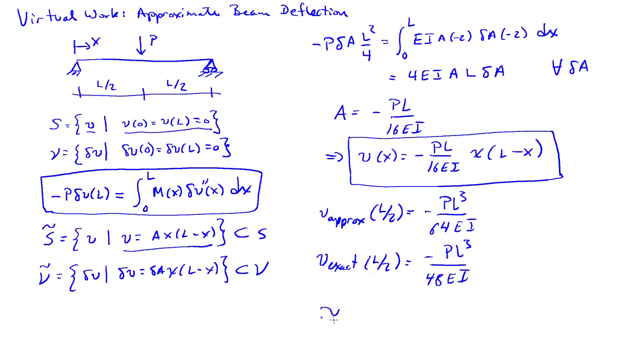So in this case, it's certainly a 25% error. So the approximation is only modestly useful, but this illustrates the idea of how one can construct an approximate solution using the method of virtual work. If we had picked a more complicated subset S tilde or V tilde, then we could have got a much better answer.